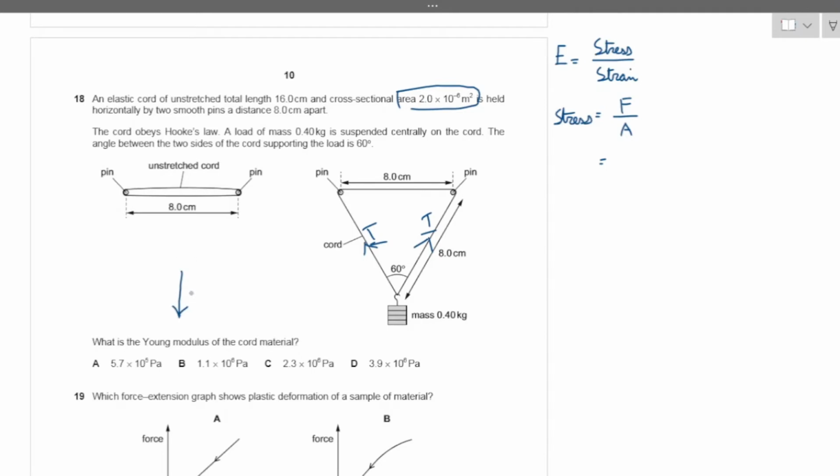You have a mass of 0.4 kg, and then you have two tension forces, and you have an angle of 60 in the middle. This 60 would be halved into 30 here and 30 here.